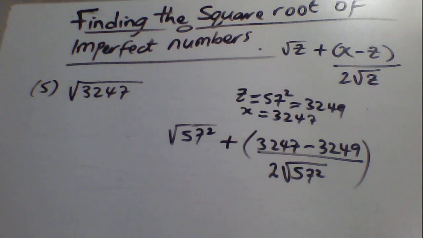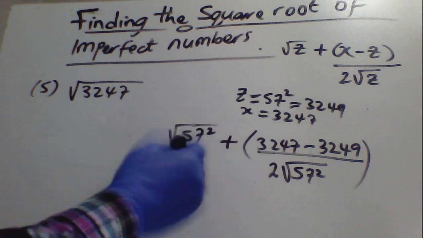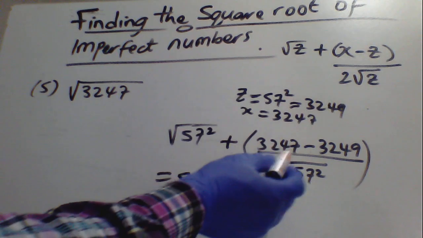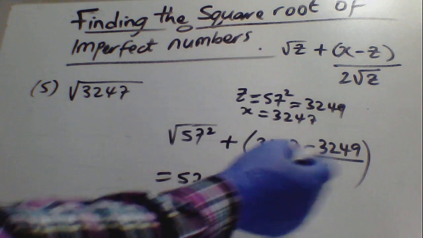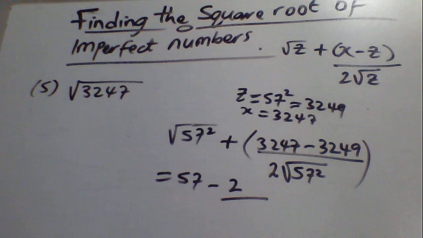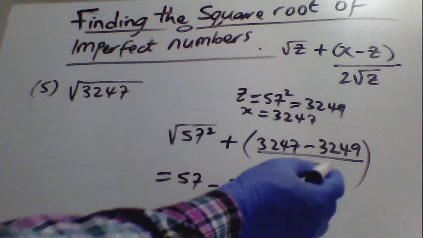From here, the square root of 57 squared is 57, so the sign cancels out. 3247 minus 3249, the difference is minus 2. Minus 2 divided by 2 times 57, because the square root of 57 squared is the same as 57.